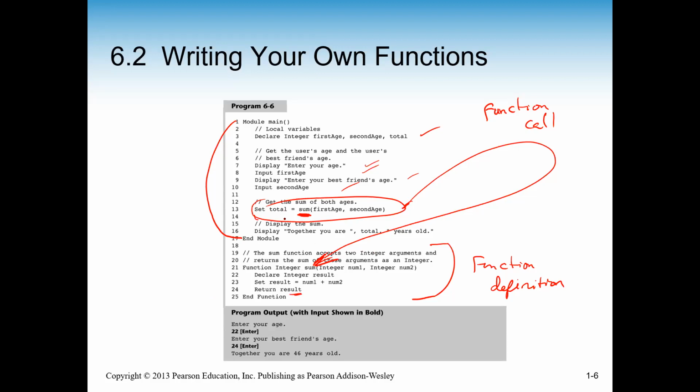Because sum returns, we need some way of catching the result. So the result gets assigned. What's the name of the variable that the result gets assigned to? What's the name? It's right there. Repeat the question.